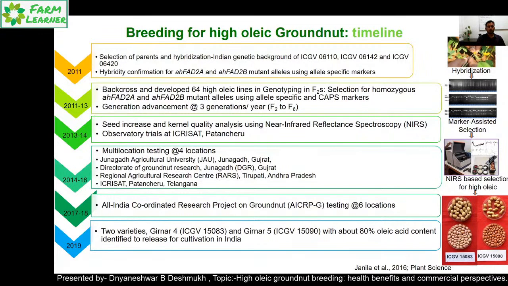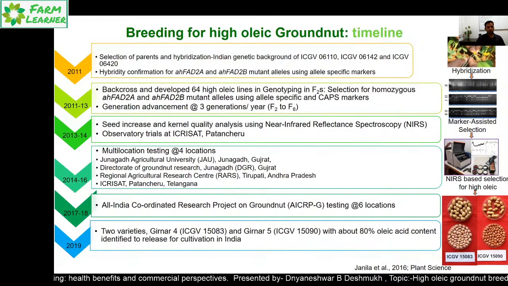Followed by that, 2014 to 2016 was the multi-location testing at 4 locations for these high oleic peanut lines. And then 2017 to 2018 was the all India coordinated research trialing at 6 locations. And then in the year 2019, India got its very first high oleic groundnut: Girnar 4, which is ICGV 15083, and Girnar 5, which is ICGV 15093.